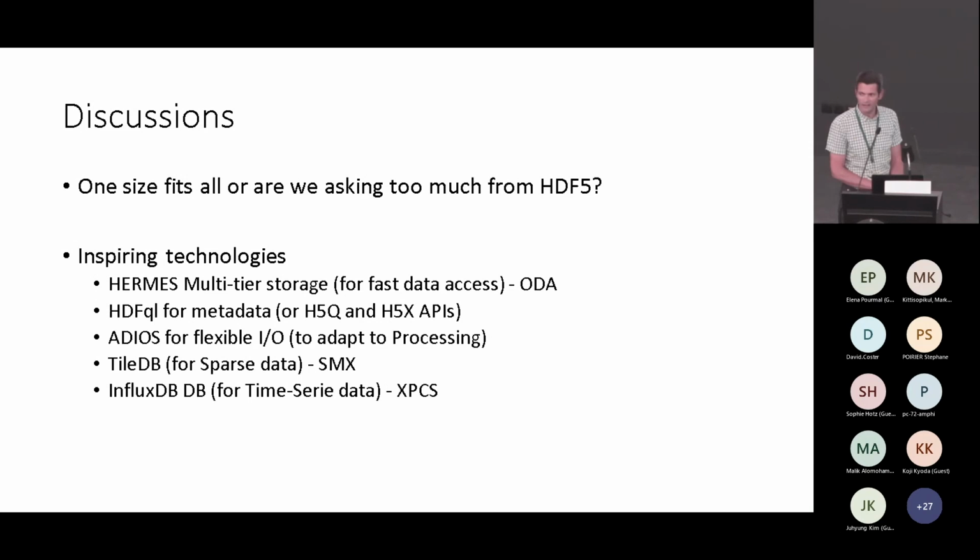HDFQL for metadata, or shall we use the query APIs from HDF5? ADIOS for flexible I/O. And for sparse data, we are looking at TileDB. And for time series data used by accelerators, we know some facilities that use InfluxDB. So that's it.